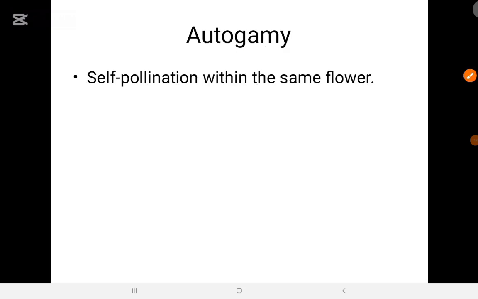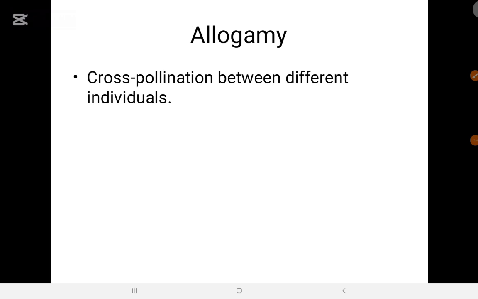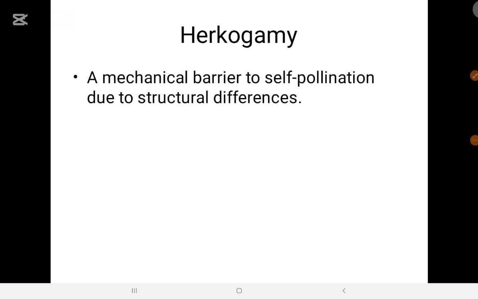Autogamy is self-pollination within the same plant. Allogamy: allos means different, auto means self, so don't confuse that. Then herkogamy means a mechanical barrier to self-pollination due to structural differences.